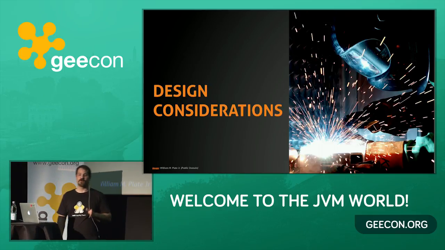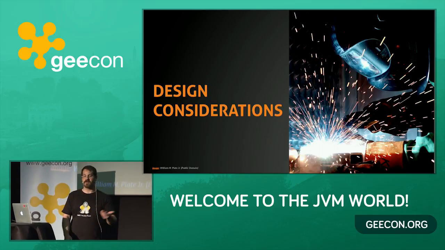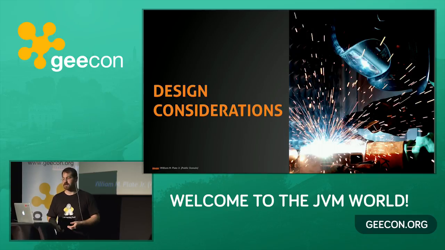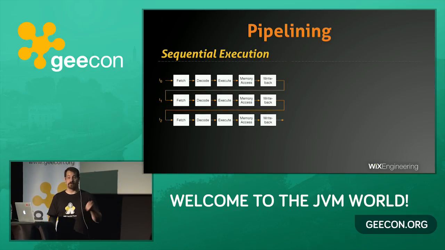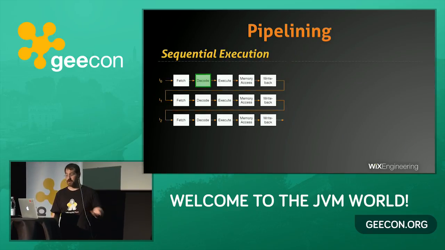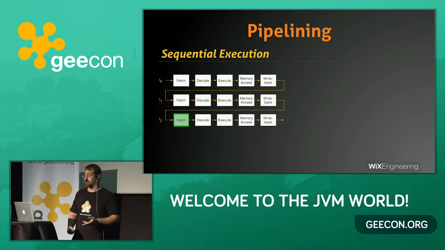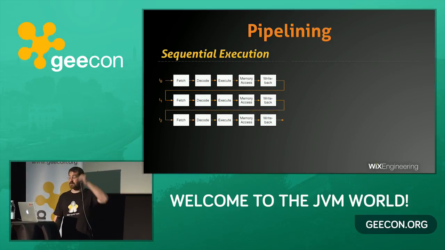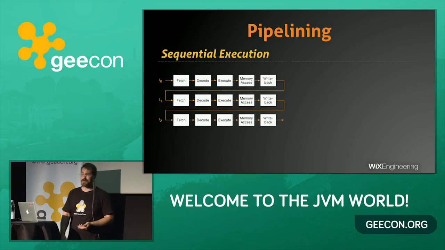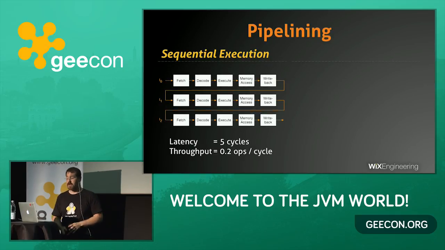So if you were to design a CPU, you might naively say, well, I have these lifecycle steps. I can do it sequentially, right? I read in an instruction, and I just go through all of these steps one by one for each instruction. Now, this is very, very easy to understand and also easy to implement, but it has an issue, and that issue is latency.